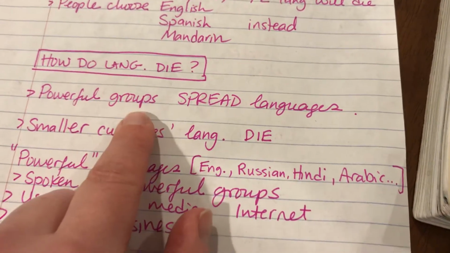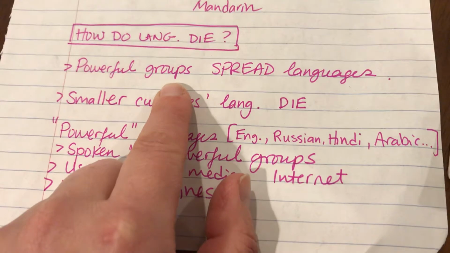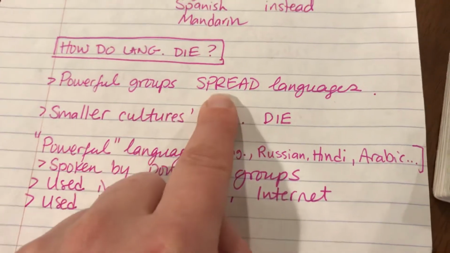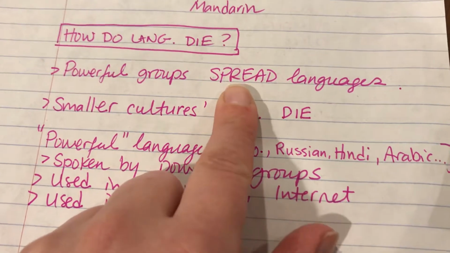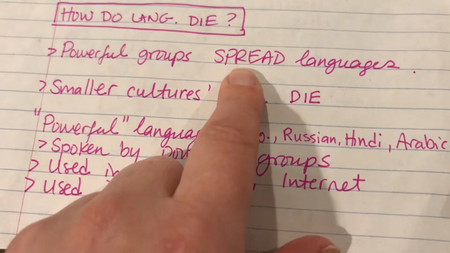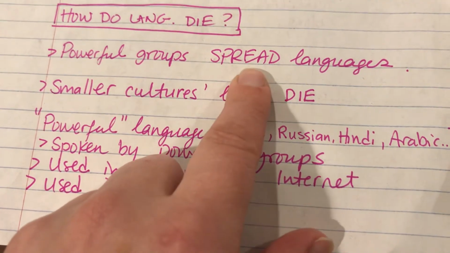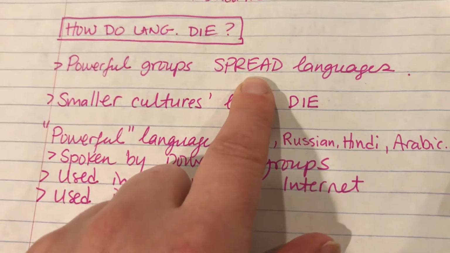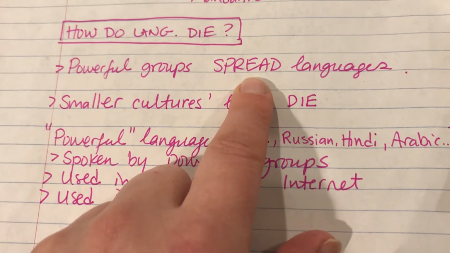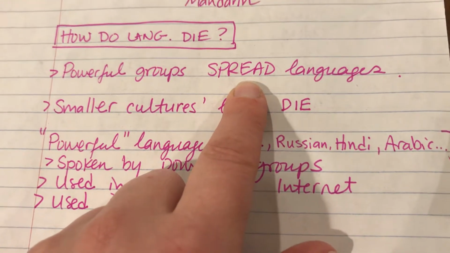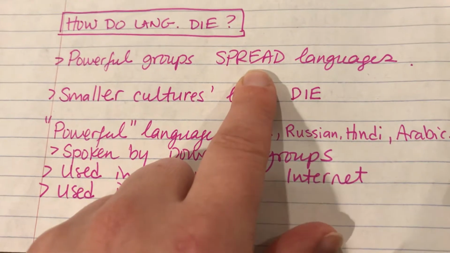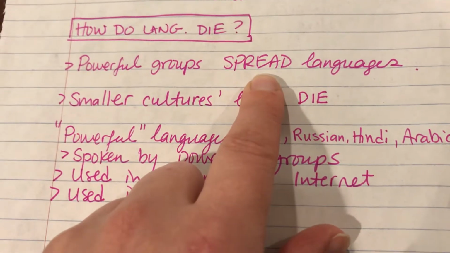And immediately I want to think of some examples to help me remember this idea. I think about the British, my own personal experience, traveling around the world spreading the English language, often by force. I think about the Spanish coming to the New World, and the Portuguese, forcing the indigenous people to take on their culture and their language.